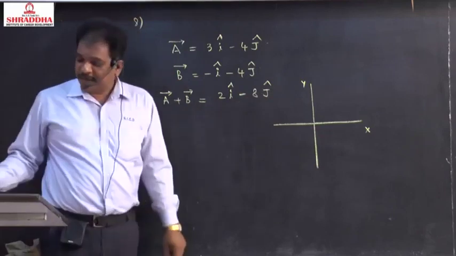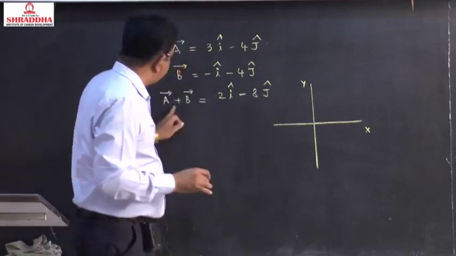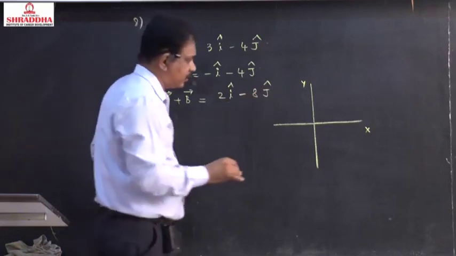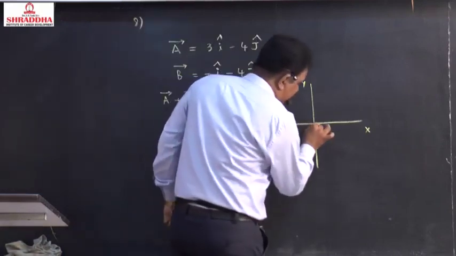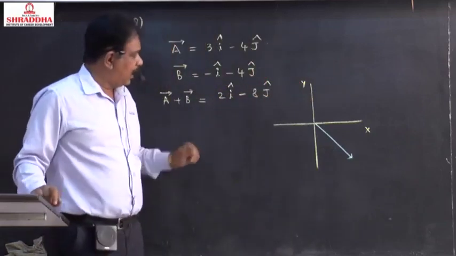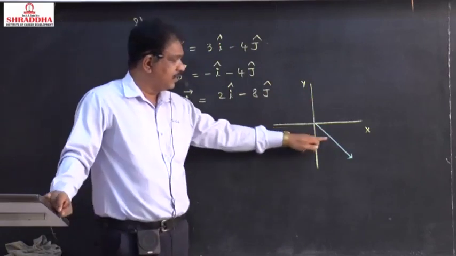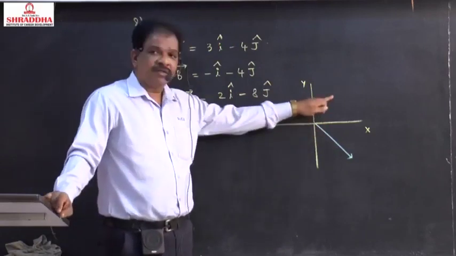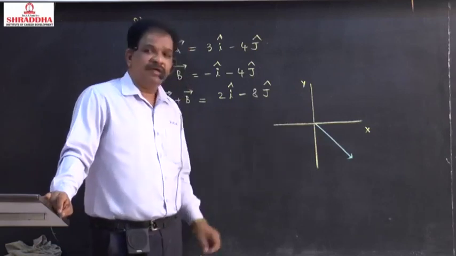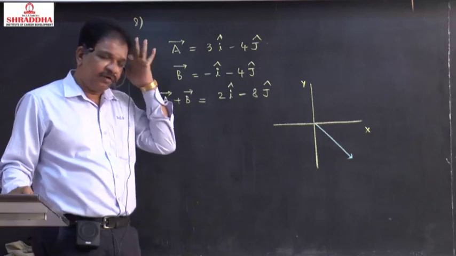So if we represent this vector in the coordinate system, that vector will come like this. You may have a doubt why this vector is here, why it is not in the other quadrants.